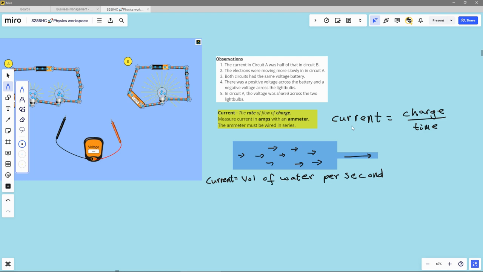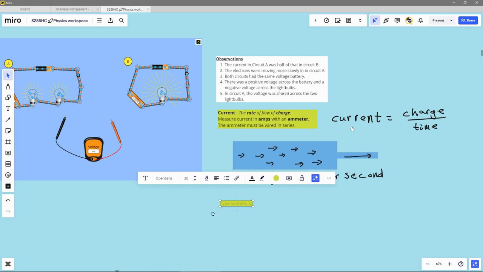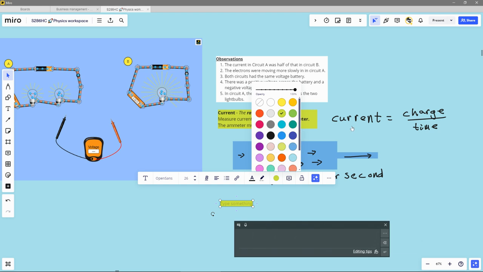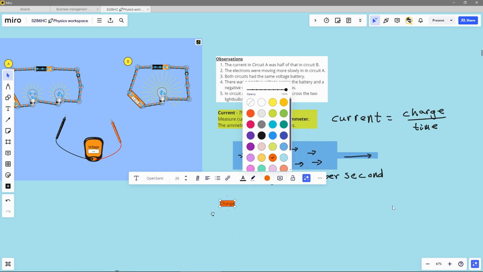Okay, before we look at voltage and resistance, let's talk about what charge is. So I'll just make a new word box, maybe in a different color. Okay, so we've got charge.